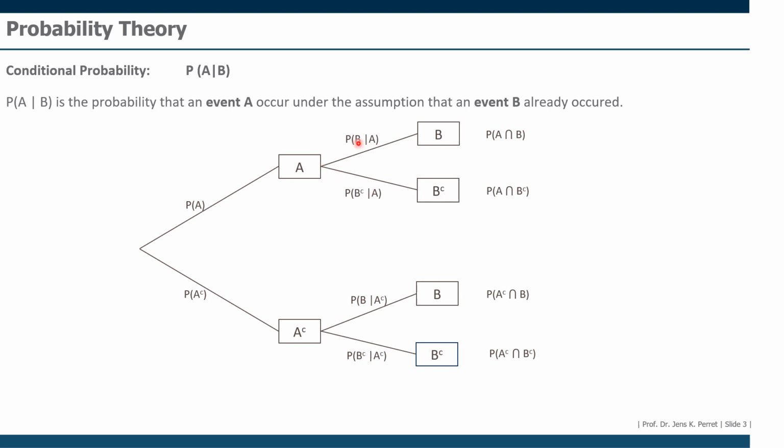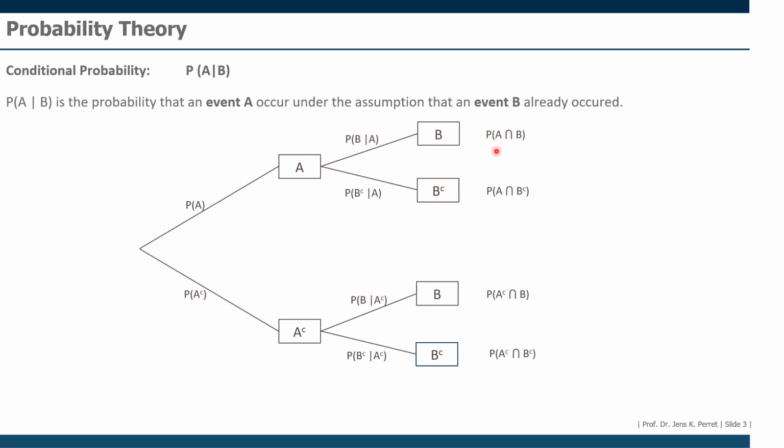If we consider the next event B, it could also take place, then we're up here, or event B does not take place, then we're down here. So if we want to get to this point here, we first have to go along this line, and then along that line.